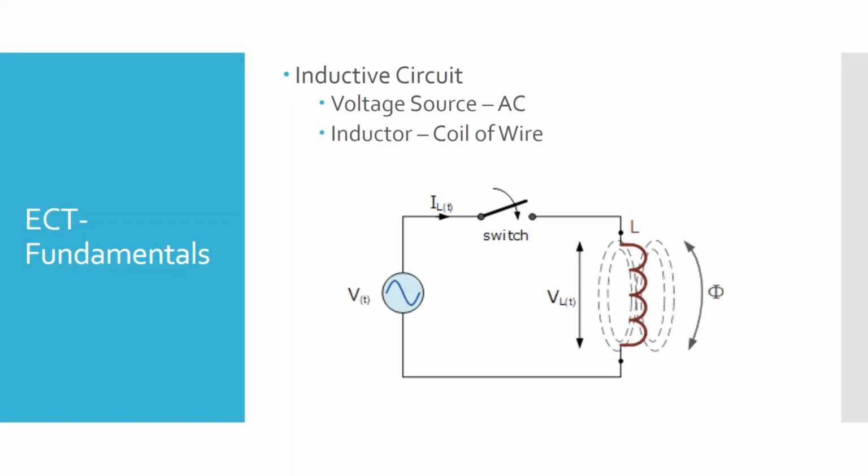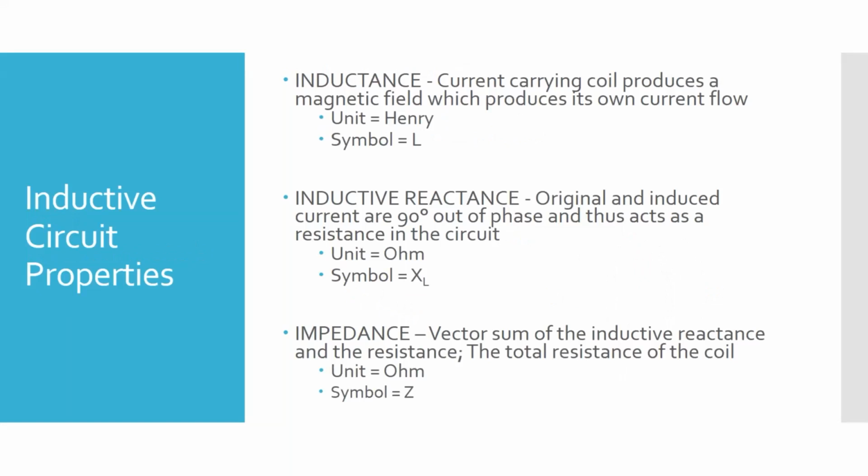And so the next step is we put these together. We measure what's happening in that coil as this flux is changing. To understand that, we have to understand what's going on in an inductive circuit. There are three things that make up induction and how they go together.